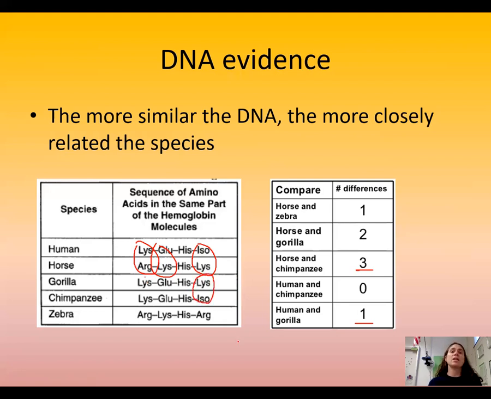So that tells us that yes, all these species are related, but humans and chimpanzees are most closely related. That means they split off from their common ancestor more recently than gorillas split off. Gorillas split off before humans and chimpanzees split off. Horses split off before gorillas split off. So horses, yes, are related, but that is a much more distant ancestor.